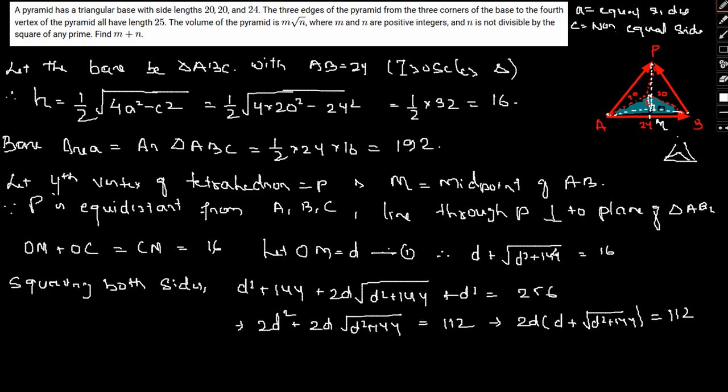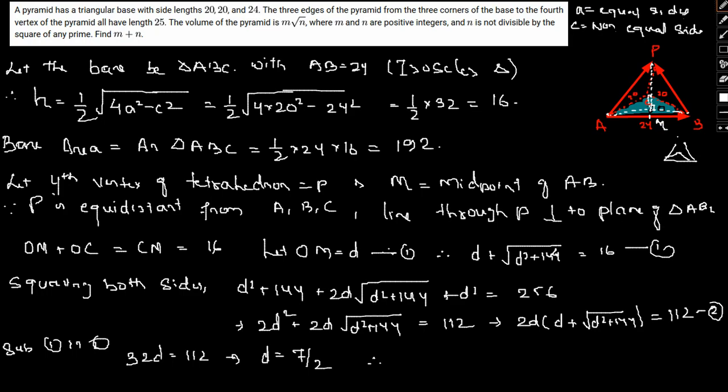Now if we substitute d square plus 144 by 16 from this particular equation, so substituting 1 in 2, we have 32d equal to 112, which can be further written as d equal to 7 by 2.